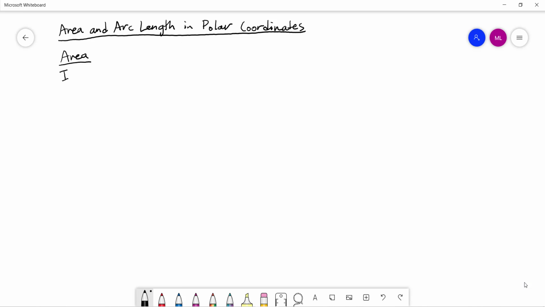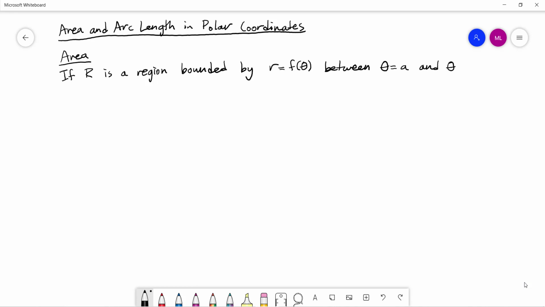So let's call that region R. So if a region R is bounded by r equals f of theta, some polar equation, or an equation for a polar curve, as a function, between theta equals a and theta equals b. So we have an upper and lower bound on theta, and we have our outer bound in r defined by our curve.